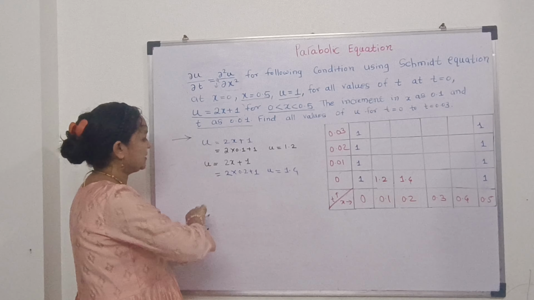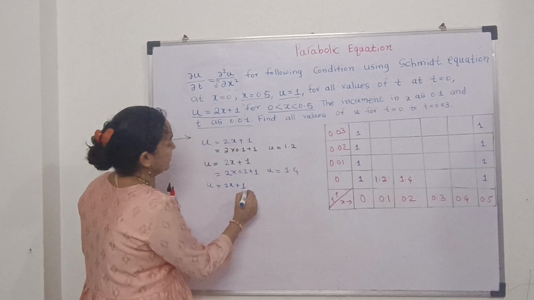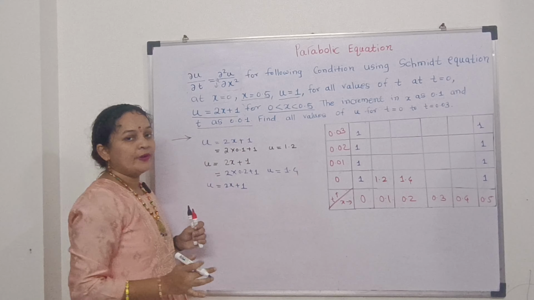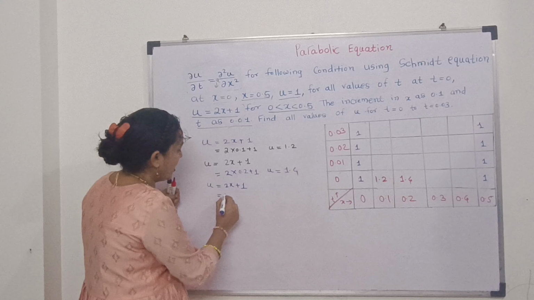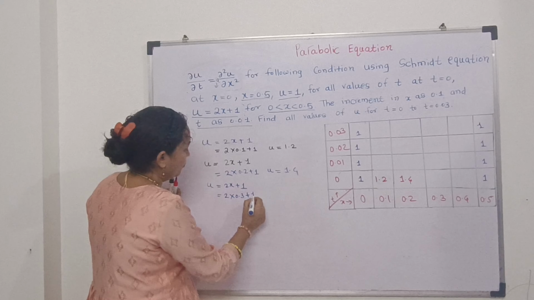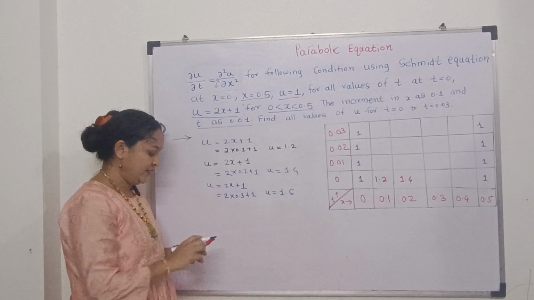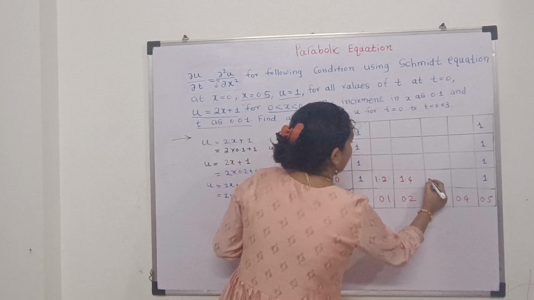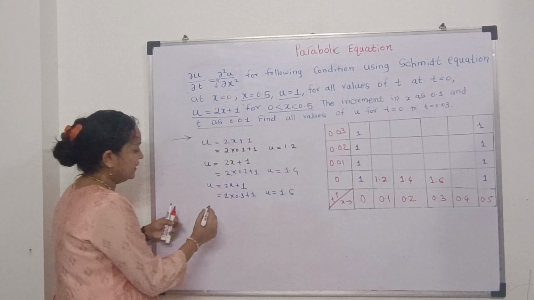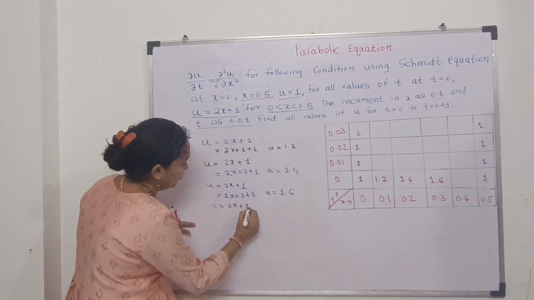Now for the third value, u equal to 2x plus 1, because in the numerical statement they have mentioned 2x plus 1.